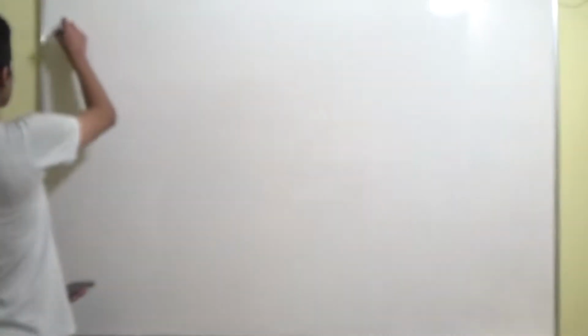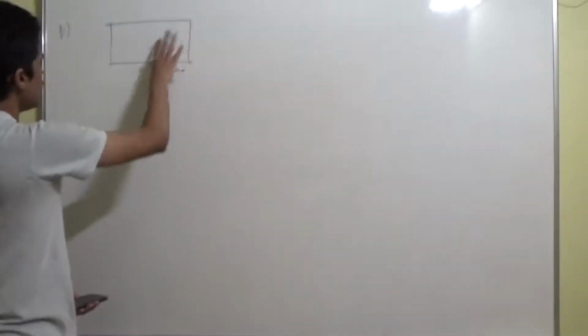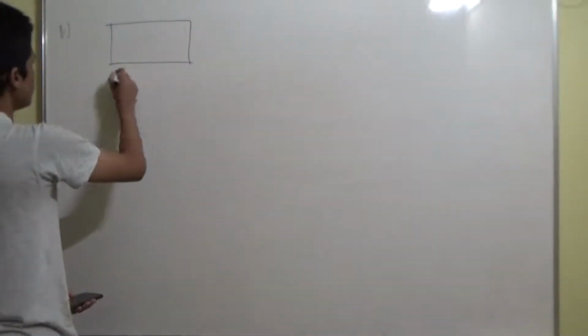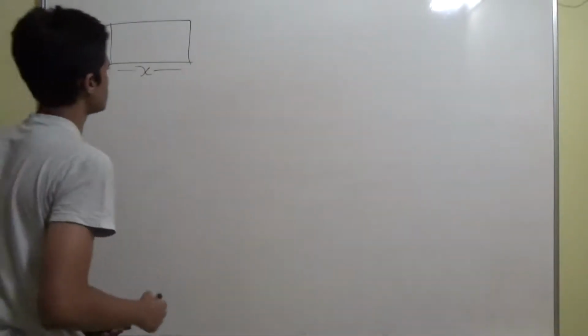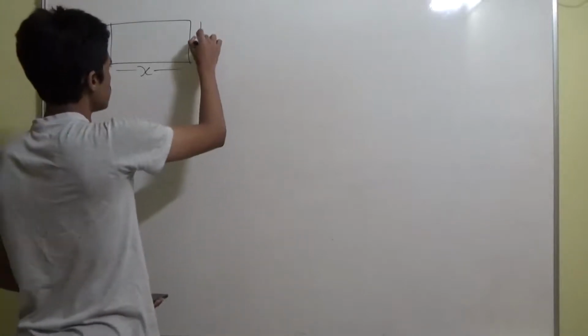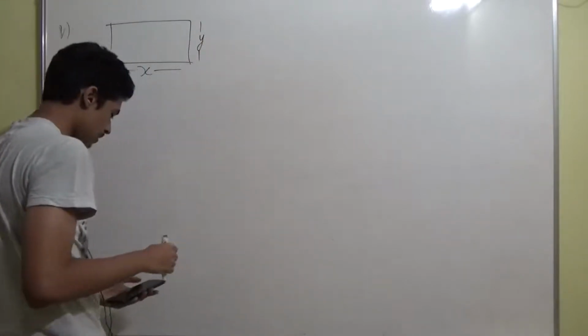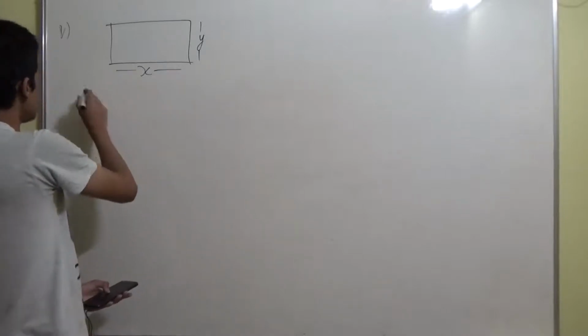It's quite easy, guys. So first let's assume a hypothetical rectangle like this, and let's also assume the length as x meters and the breadth as y meters. And okay, we have to write it verbally also.